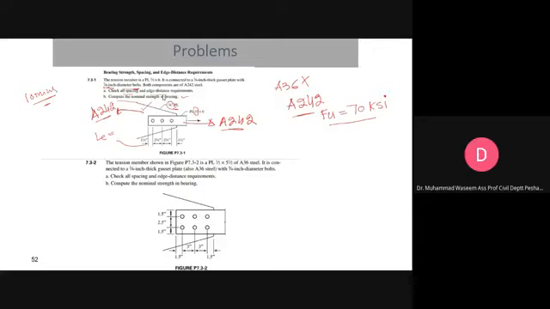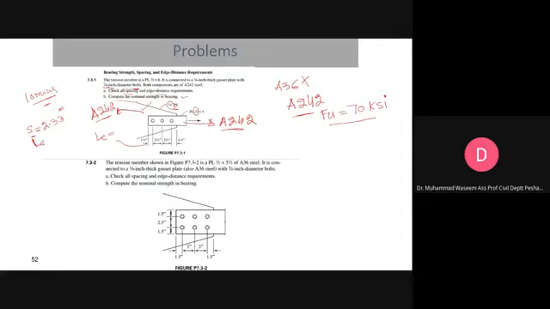What is the minimum spacing you have calculated? What is the value of minimum spacing? S is 2.33 inches as per the code requirement.